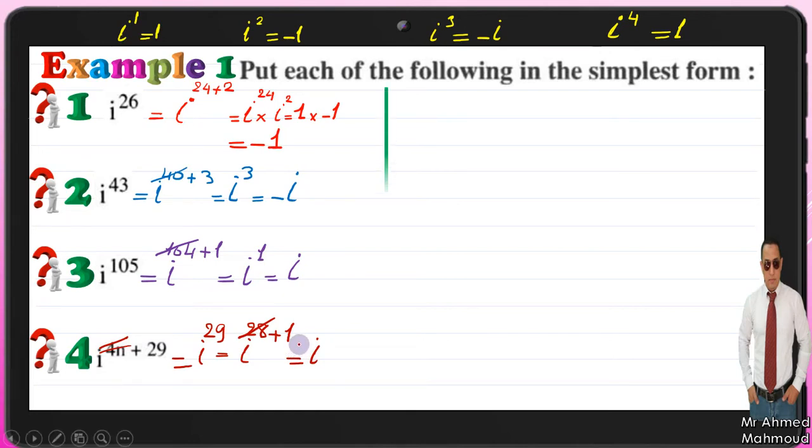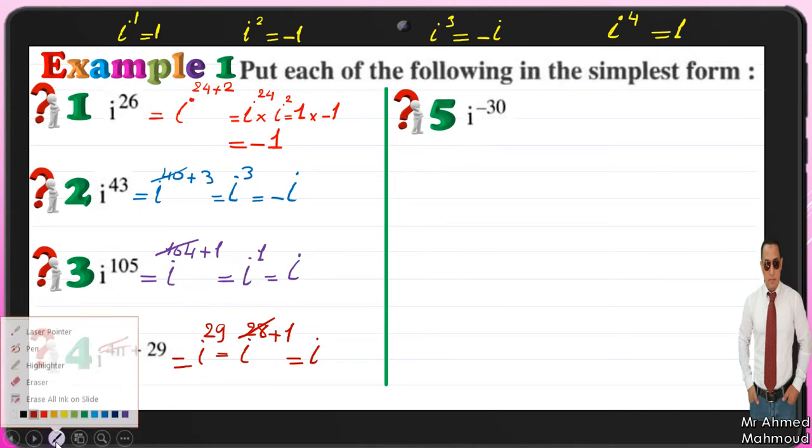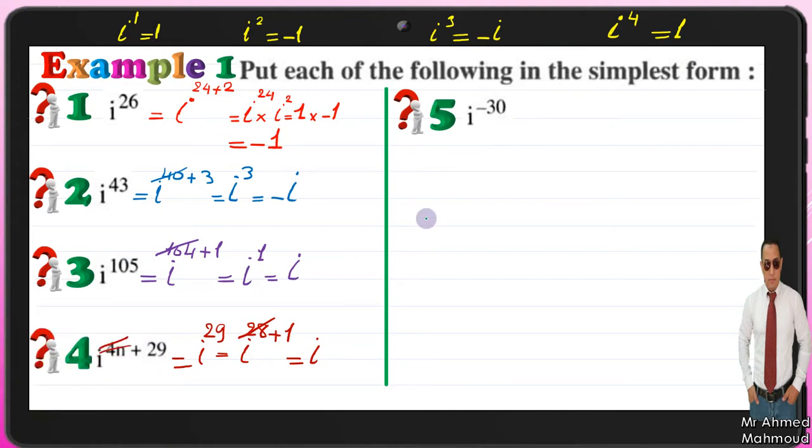Number 5, i to the power of negative 30. Here we have two different ways for the negative power.